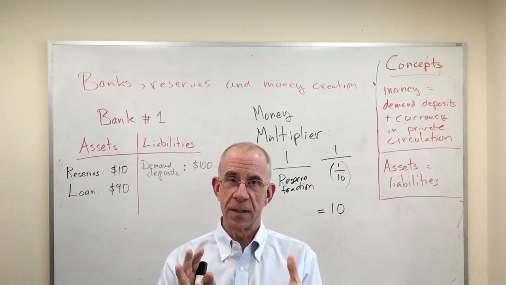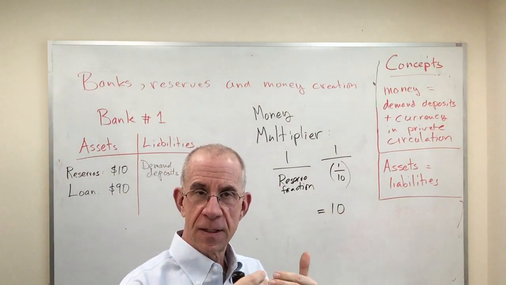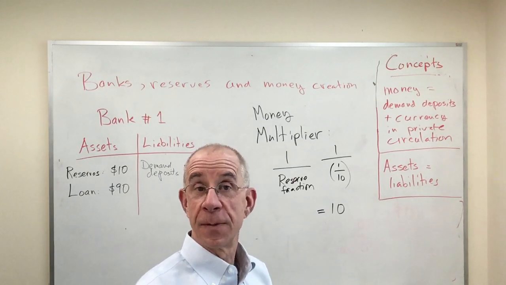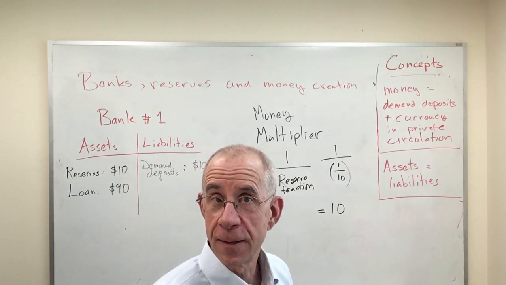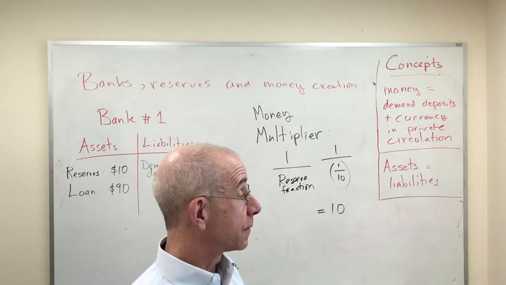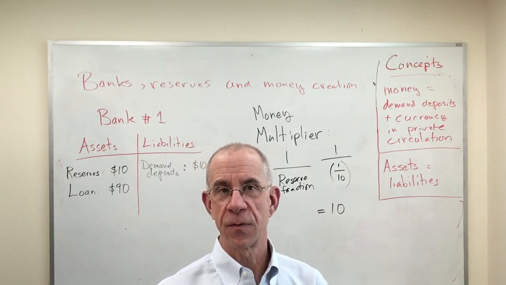So the bottom line is that the central bank can increase the reserves, but they can't make banks loan out the money. That's really a decision of a bank in looking at its balance sheets and the prospects for the future.